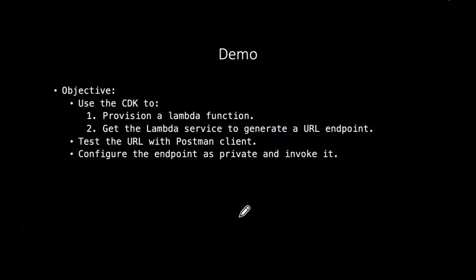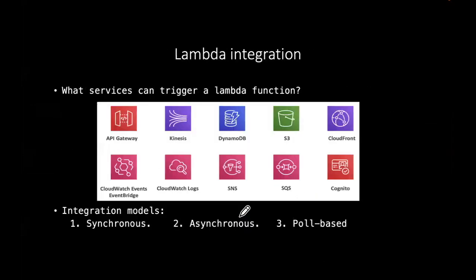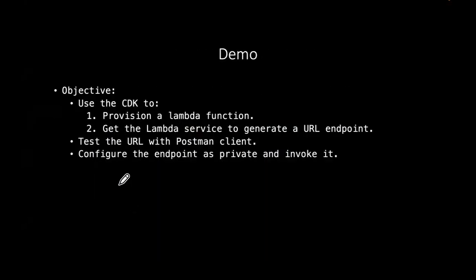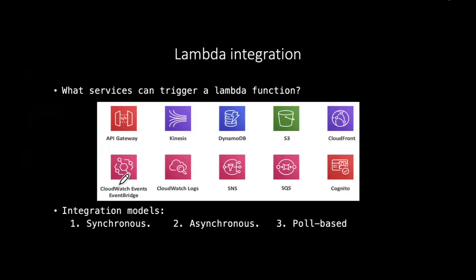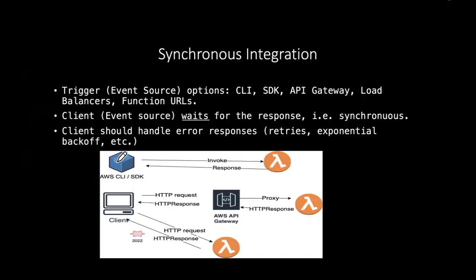So continuing on, if we just go back to here, we're talking about these integration models. The synchronous one we've talked a little bit about. So we've demonstrated synchronous communication using the CLI.